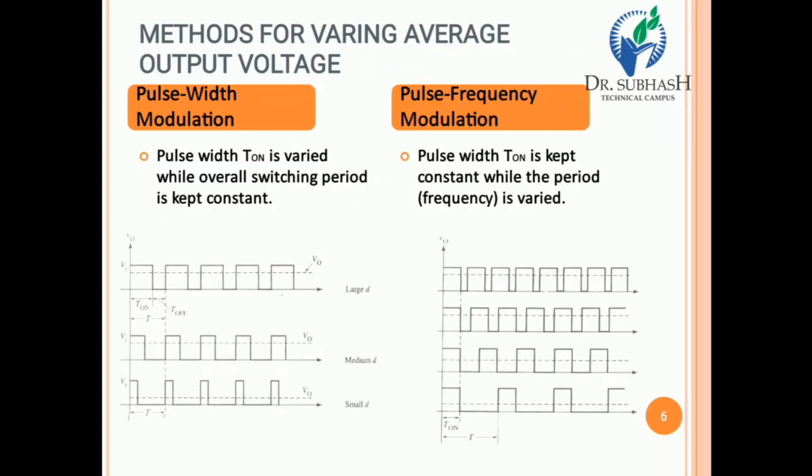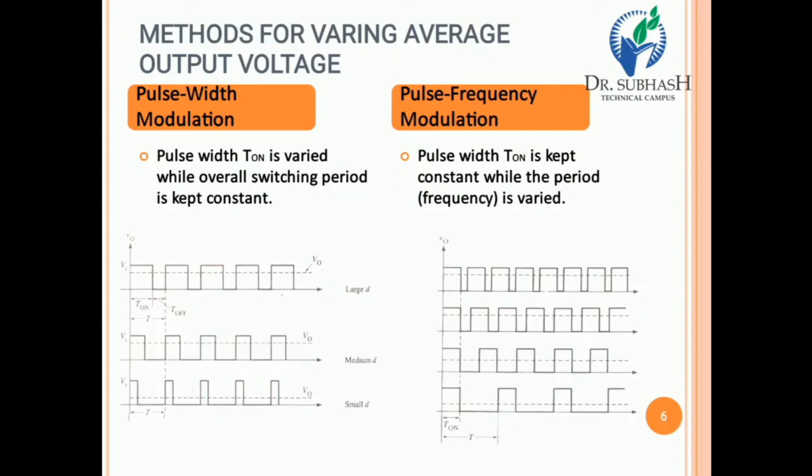First we clarify the basic difference between pulse width modulation and pulse frequency modulation. In pulse width modulation, the pulse width, known as T1, is varied while the overall switching period is kept constant.